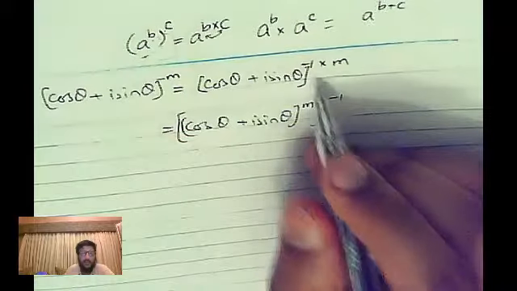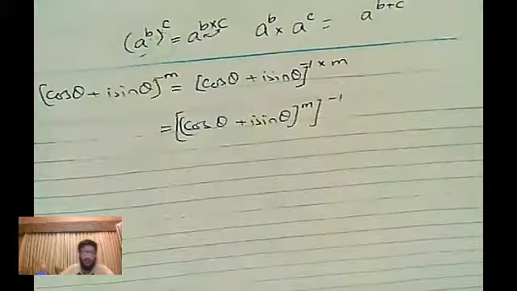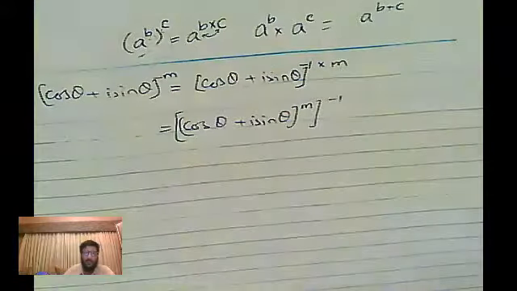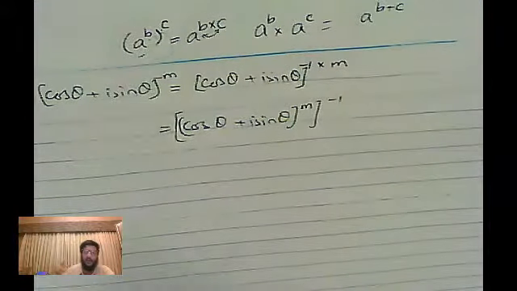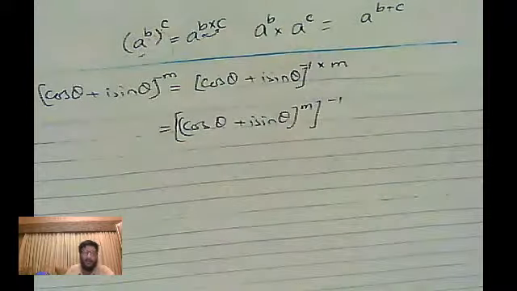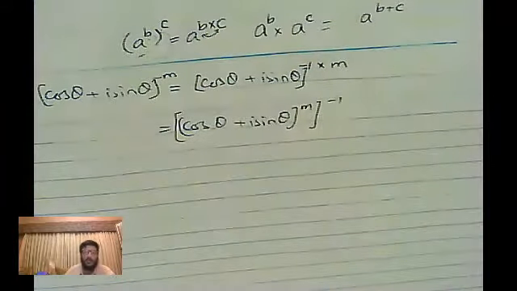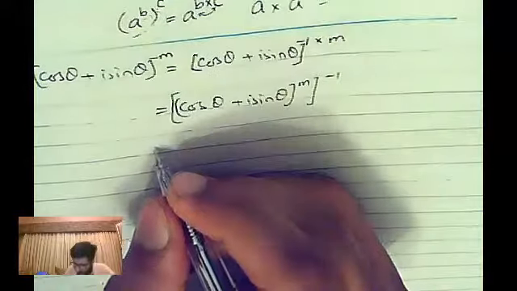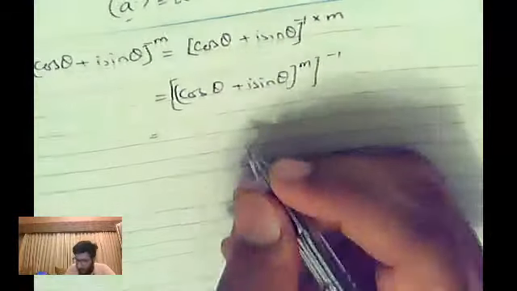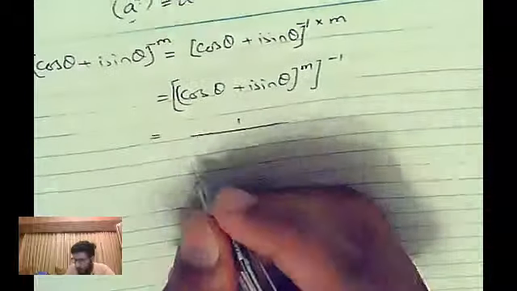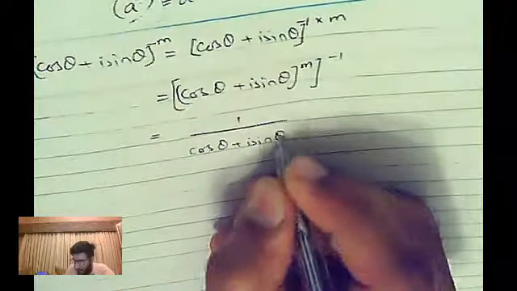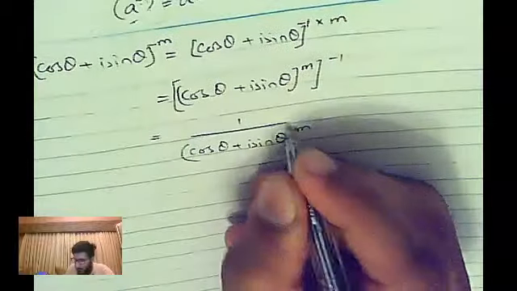That means minus 1, and since the commutative law exists for minus 1 and m, we can write m times minus 1, or minus 1 times m. So this is equal to 1 over cos theta plus iota sine theta raised to the power m.